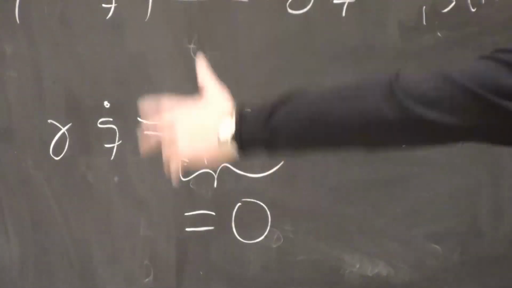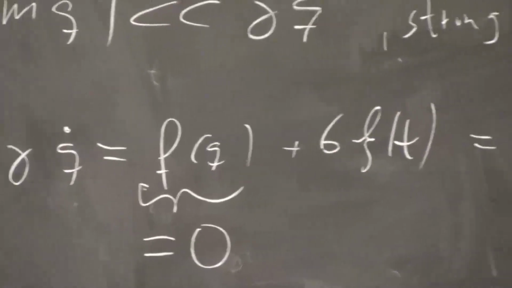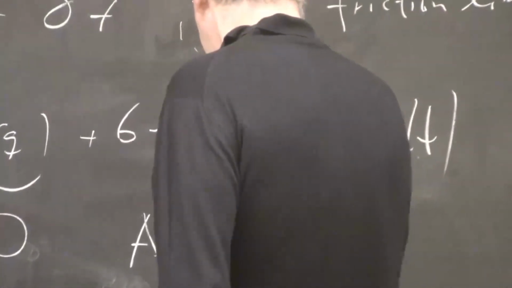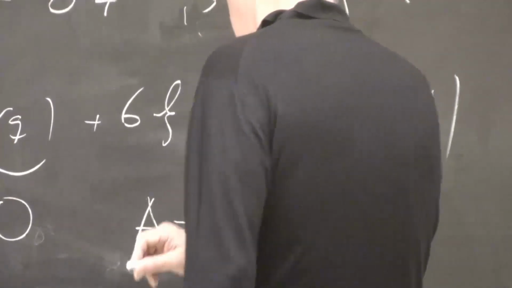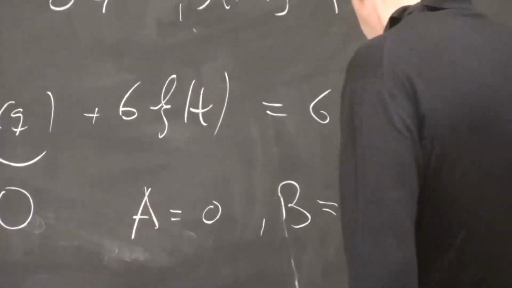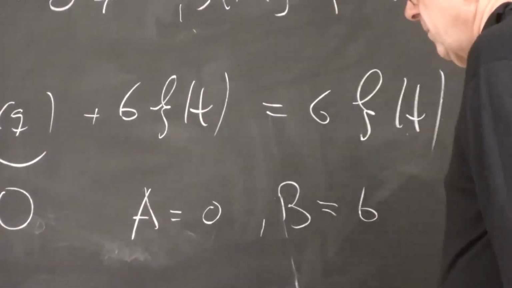Then we have this equation, and then we have A equal 0, and B is just a 1-by-1 matrix equal to sigma.